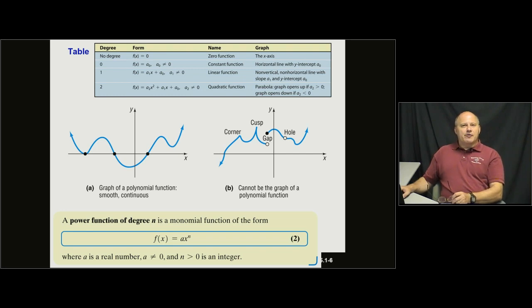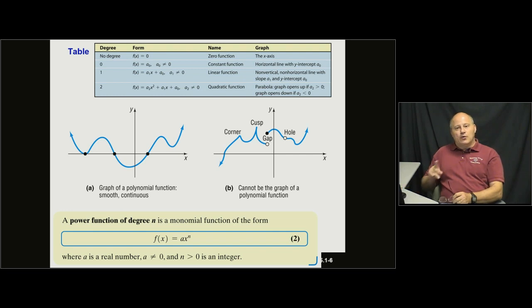Now let's look at the power function of degree n. It is a monomial function of the form f of x equals a sub n x to the n, where a is a real number, a does not equal 0, and n is a positive integer. In other words, this is basically the first term in the expansion we had before.